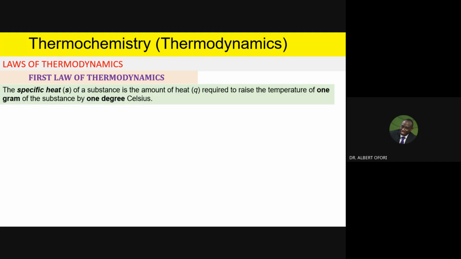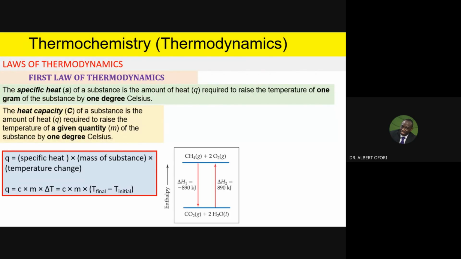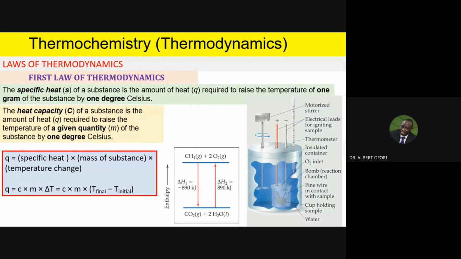We cannot measure the exact value of the enthalpy change, or the enthalpy of a reaction, for the reactant or for the product. However, we can measure heat. We can measure the heat flow from a system to its surroundings, and we usually use the bomb calorimeter.